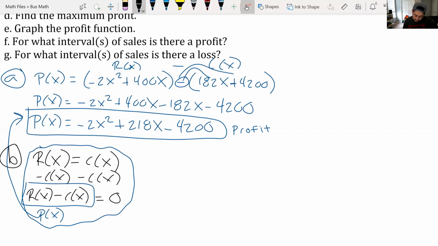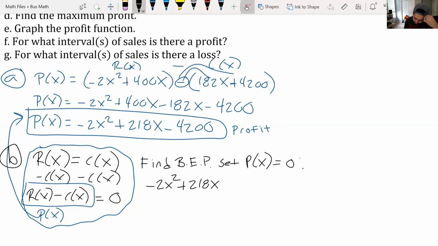So this means that to find break-even points, set profit equal to 0. Okay, so take our profit function, negative 2x squared plus 218x minus 4200. Set it equal to 0.